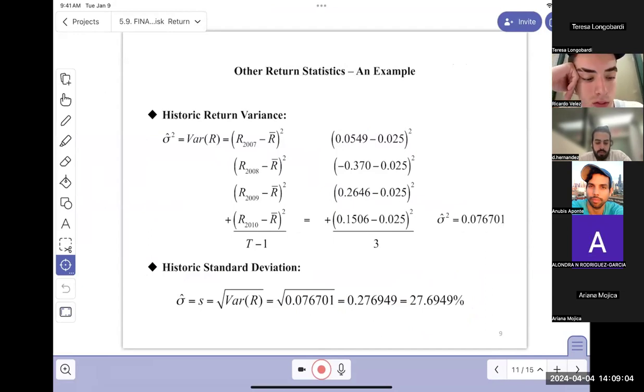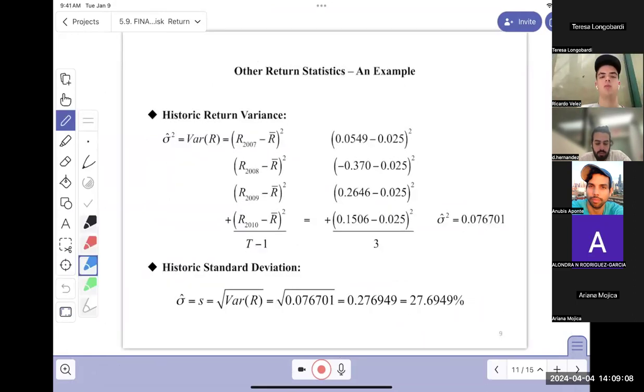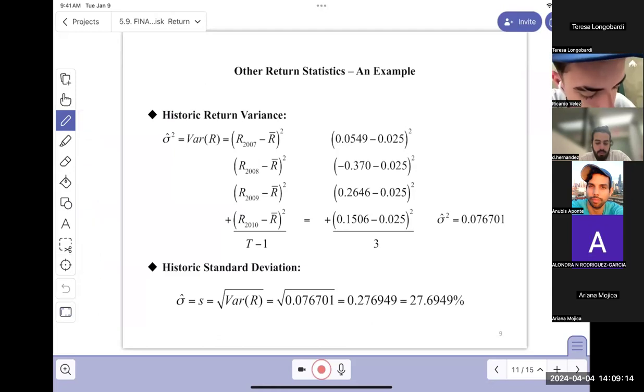So, we got an arithmetic mean, let's be clear, an arithmetic mean of 2.5%.